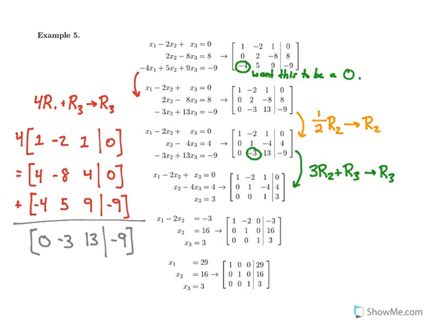The next one down, what happened is that we wanted zeros here. To do that, we're actually going to do 2 operations at the same time. We will do 4 times row 3 plus row 2 will give us our new row 2. That 4 comes from the opposite of that minus 4 right there.